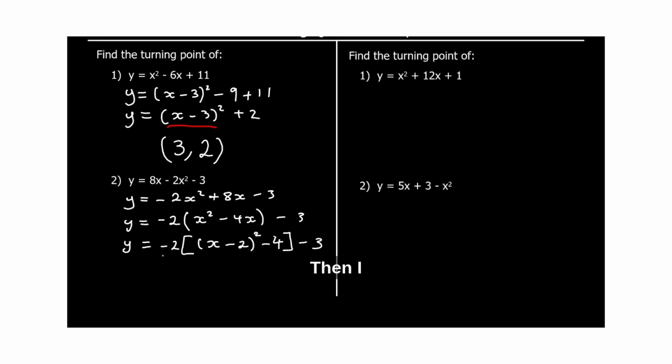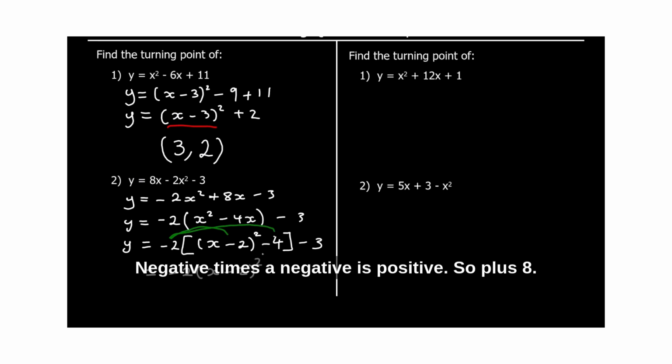Then I could multiply through by the negative 2. So just to these two terms. This x minus 2 squared is one term, and the minus 4 is another term. So we've got minus 2 times x minus 2 squared. Negative times a negative is positive, so plus 8. And then I've got the minus 3 on the end.